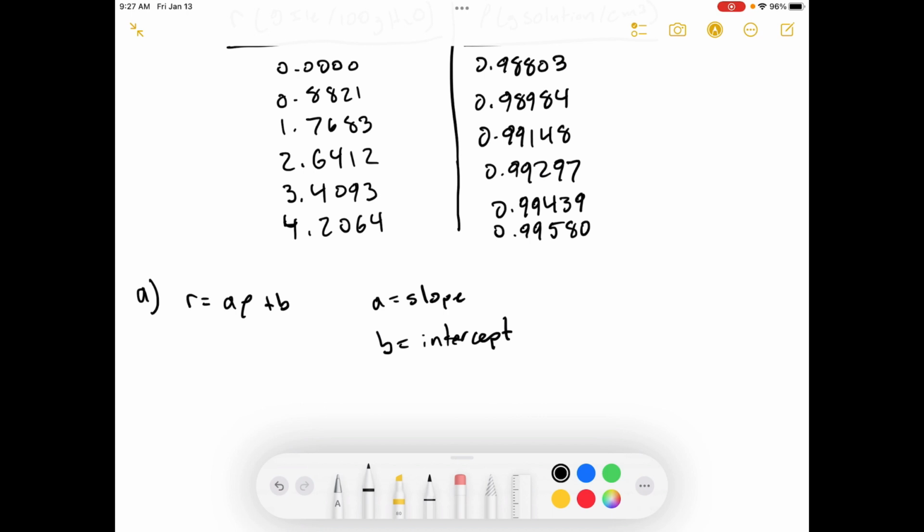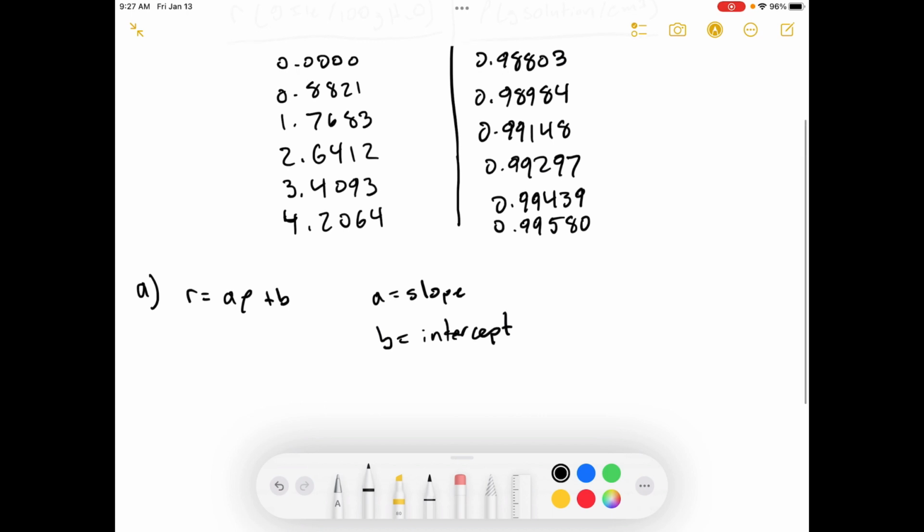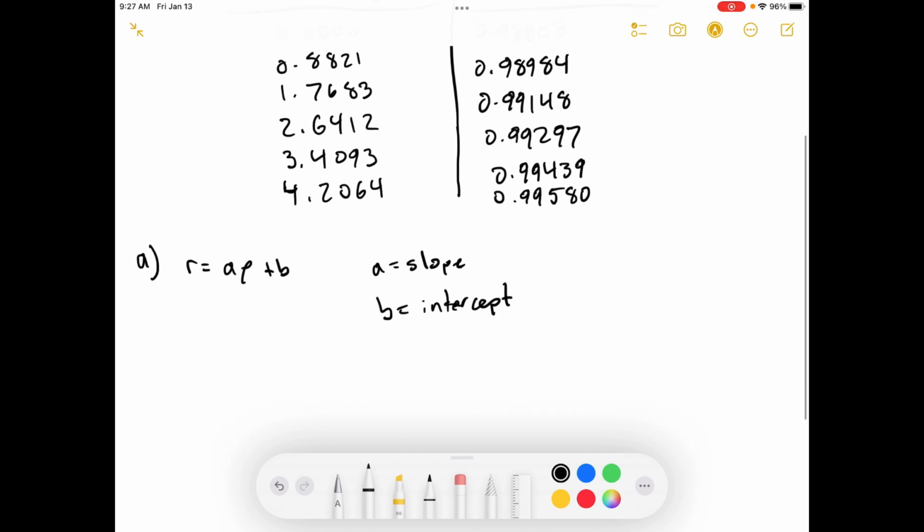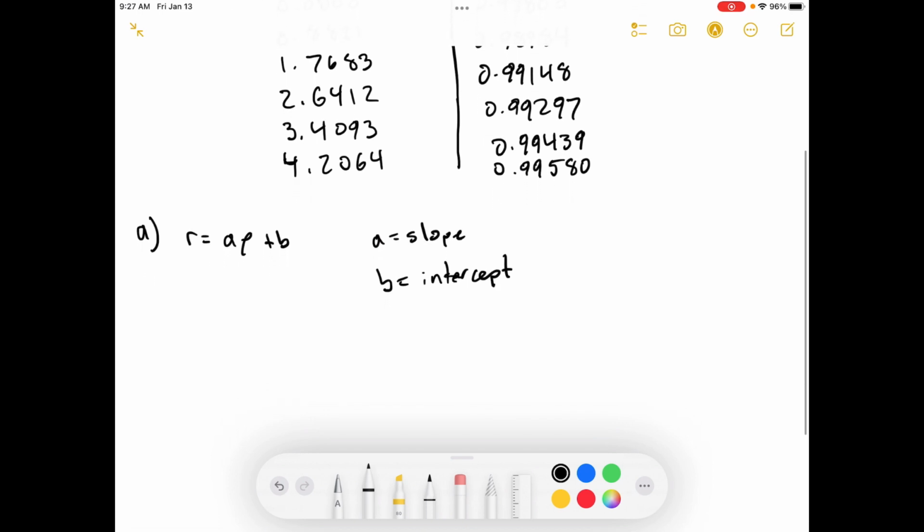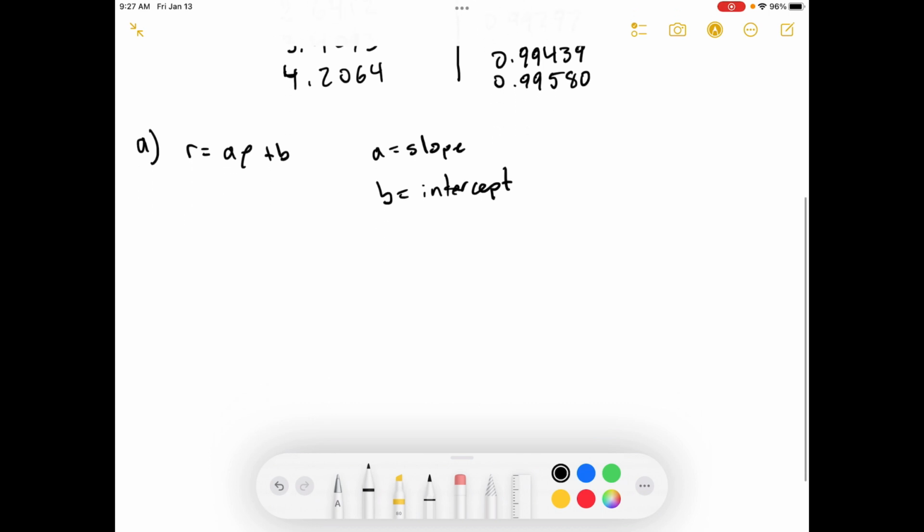If we put all these values into a spreadsheet, we can do a linear regression with the built-in functions and calculate that A equals 554.5 and B equals 0.0.